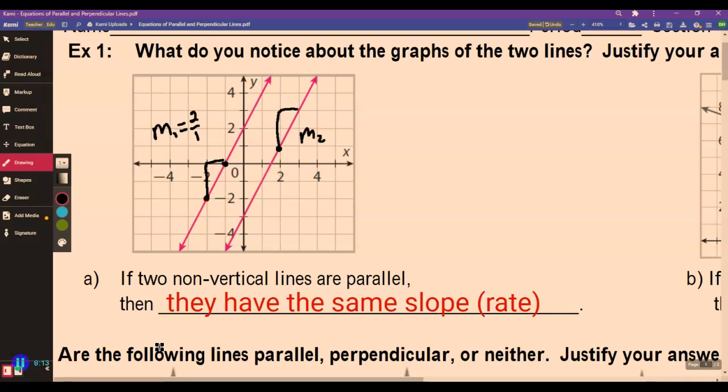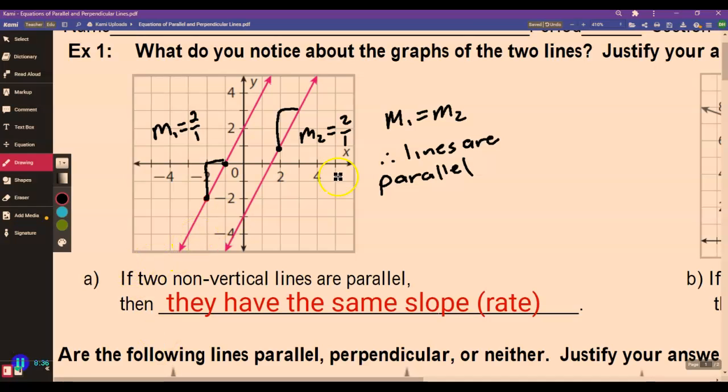Slope for the second one is also 2. And we just say M1 equals M2. They're equal to each other. Therefore, the lines are parallel. There we go.